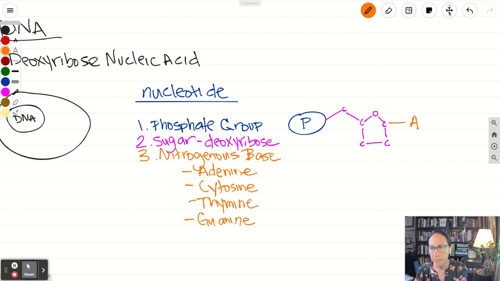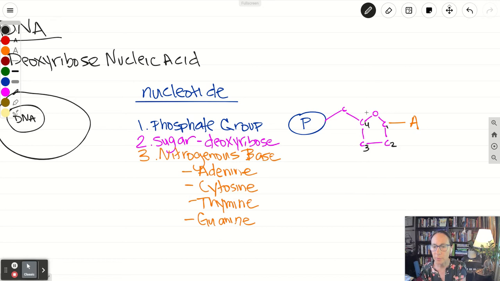And so a couple of things I want to point out that you need to know now. So we've talked about this before. The first thing that I want to point out is that these carbons in the sugar are numbered. This carbon here is carbon number 1. I'm actually going to put the number 1 here. This carbon is carbon number 2. This carbon is carbon number 3.